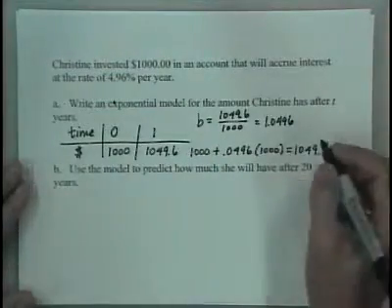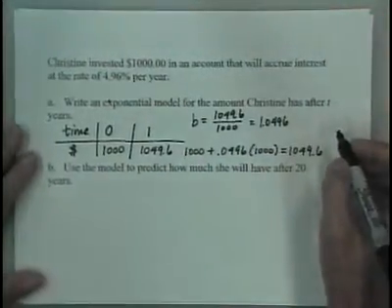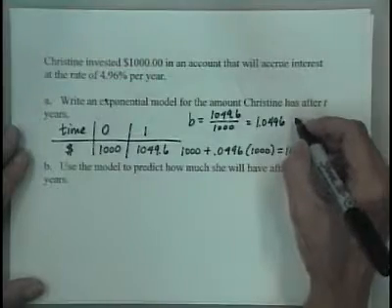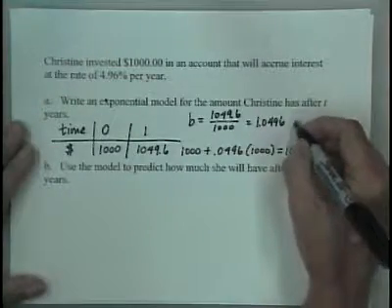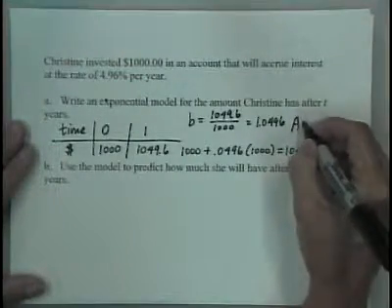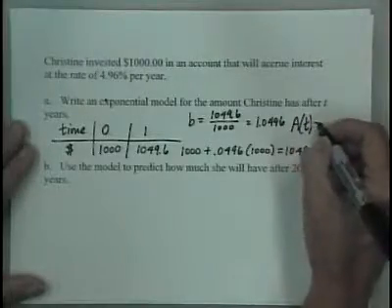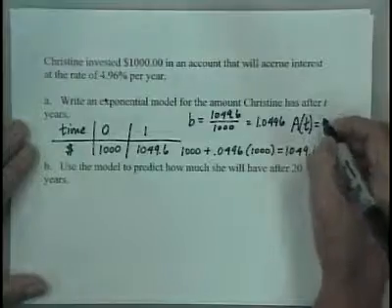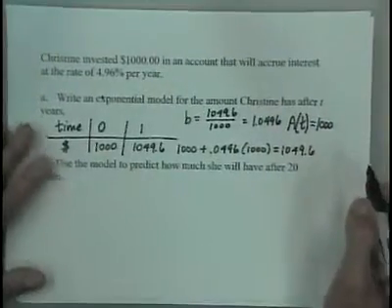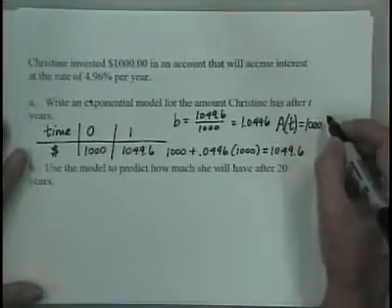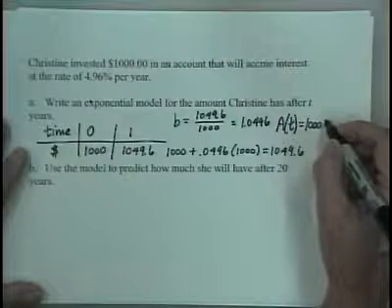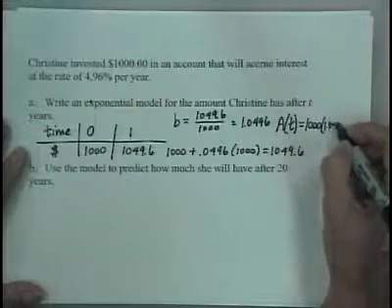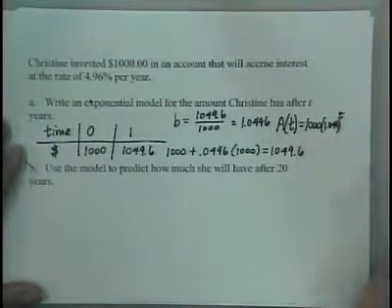Well, now we need to write the model, and I'm going to write it here on the right-hand side. Let's use A to represent the amount. The initial amount, the vertical intercept, is 1,000 times 1.0496 to the t power.